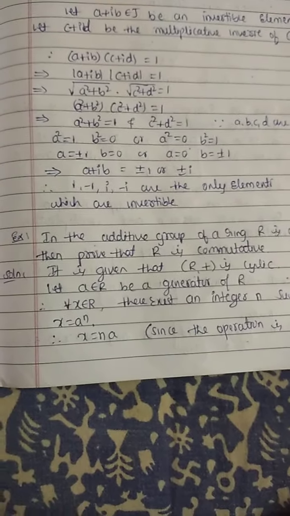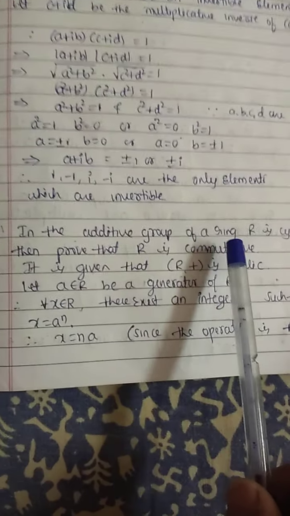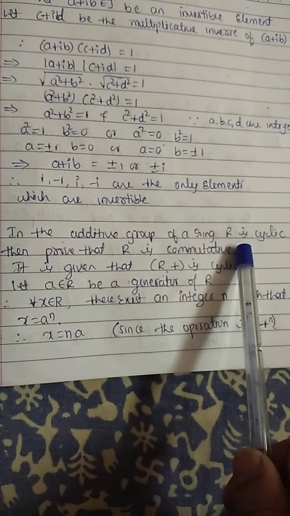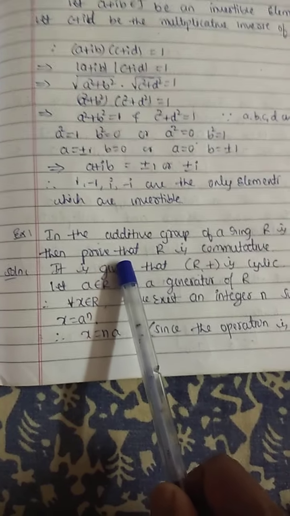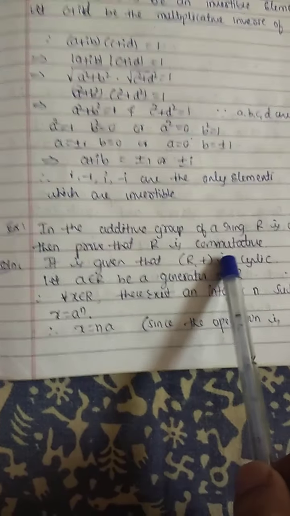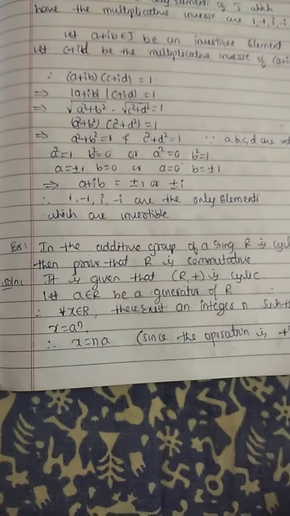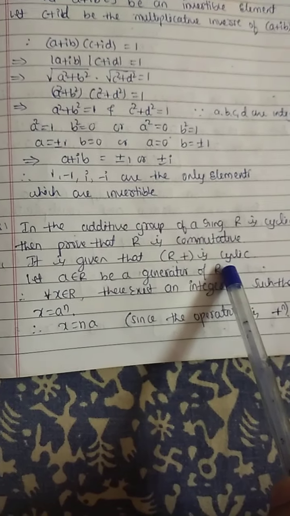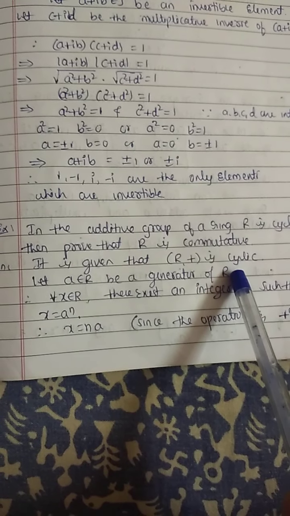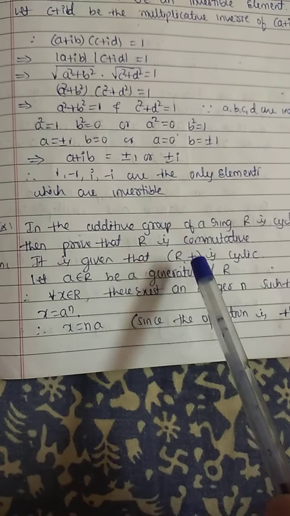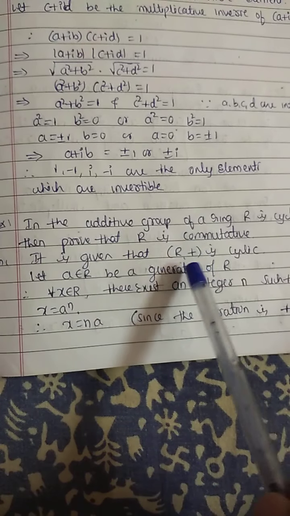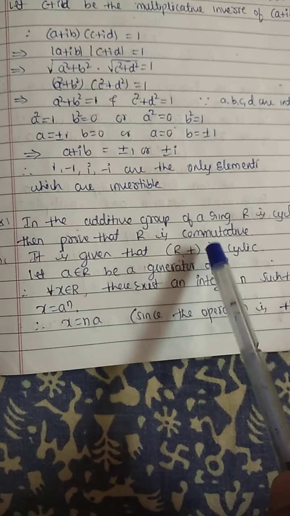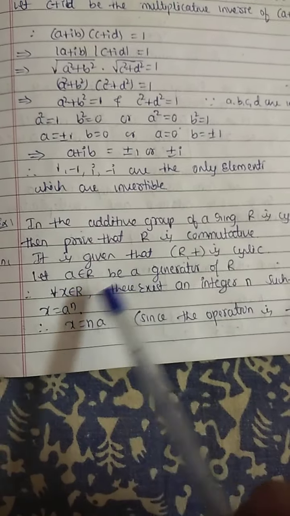Next example. If the additive group of a ring R is cyclic, then prove that R is commutative. Here it is given that (R, +) is cyclic. Cyclic group is nothing but a group with a generator. Every element of the cyclic group is generated by a generator.